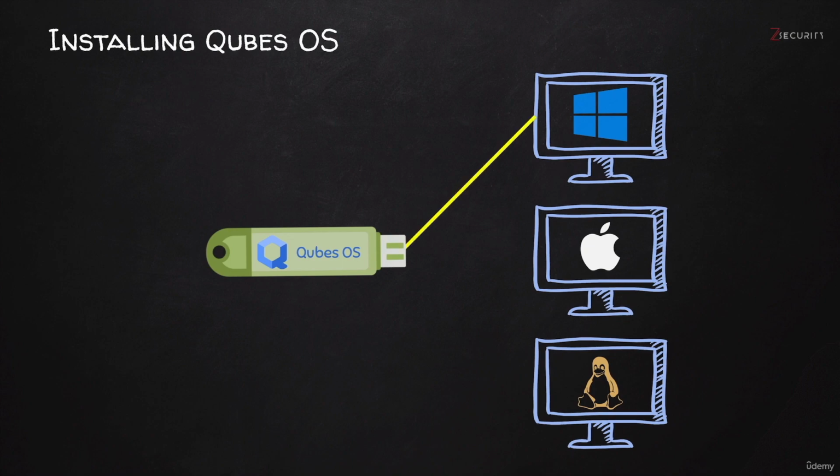So we can connect it to a Windows computer or Mac or Linux, and we'll be able to use Qubes on any of these computers. And once we disconnect the USB stick, the computers will be back to normal, running the default operating systems that they used to run. Now the installation steps are identical for both options, except for one small change, and I will highlight that change once we get to it.